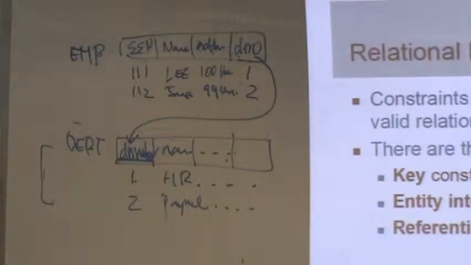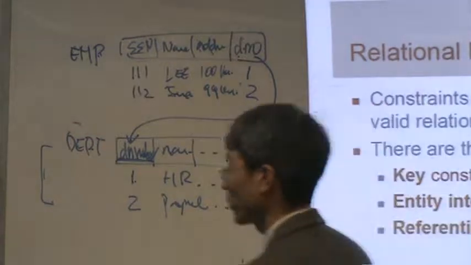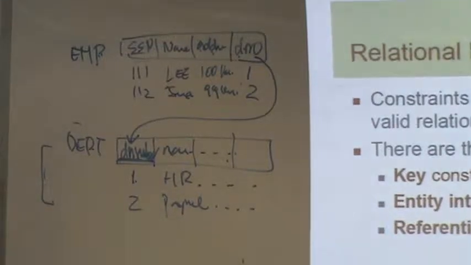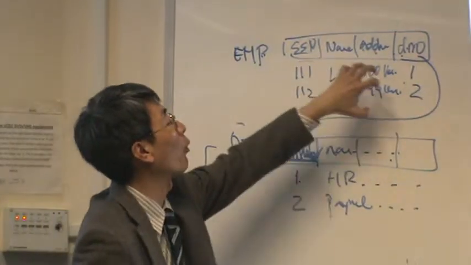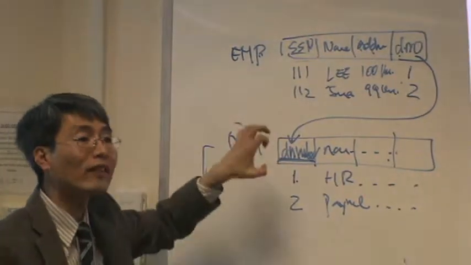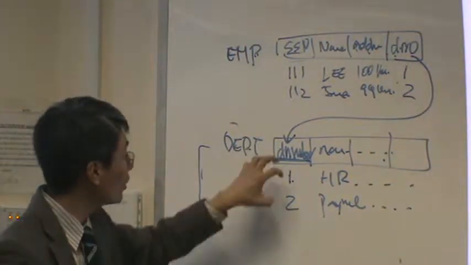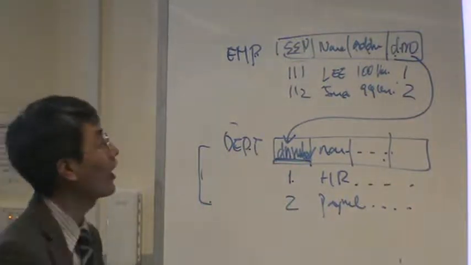A very important rule. Because of this one, we can manage the purity of the database. We do not have noisy data. We do not allow any employee who is not working for a department, only within these departments.